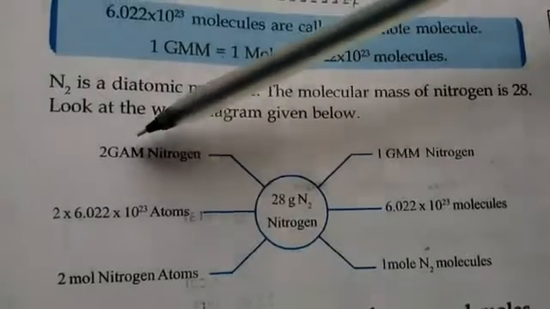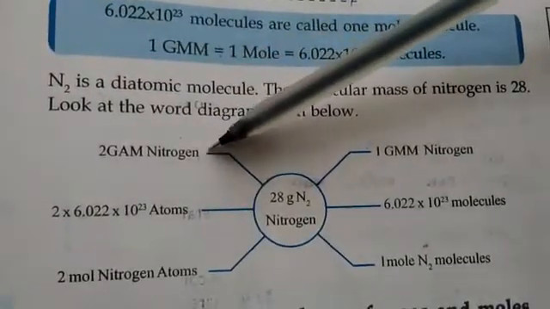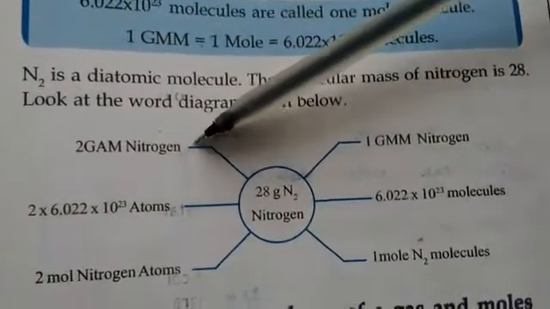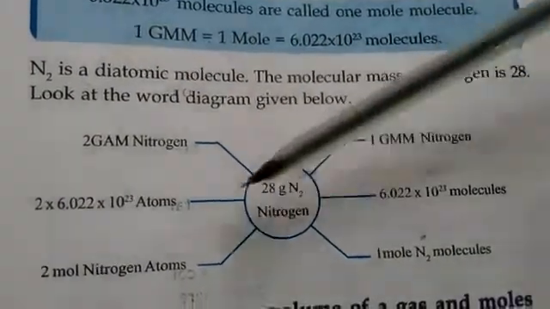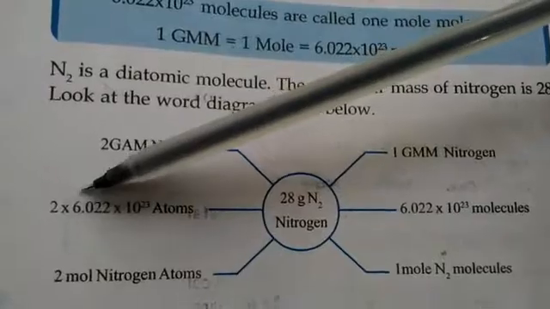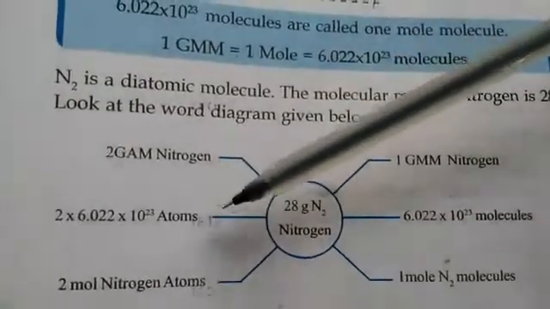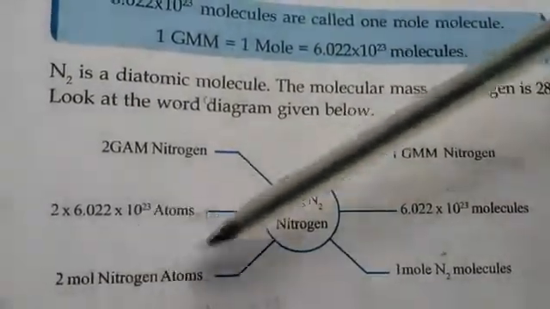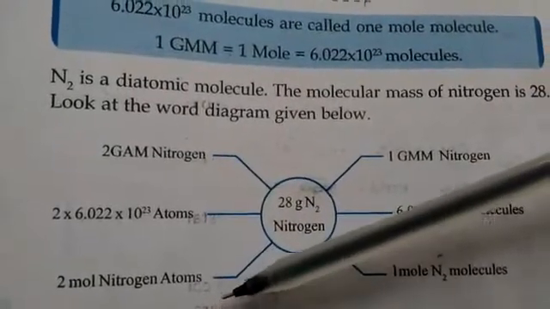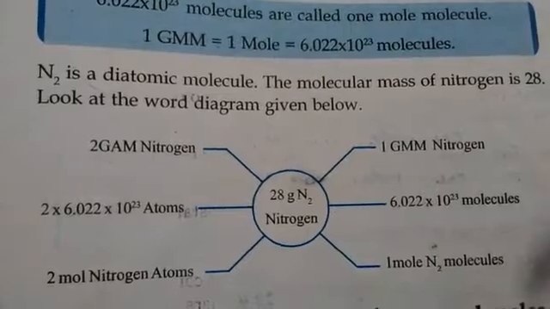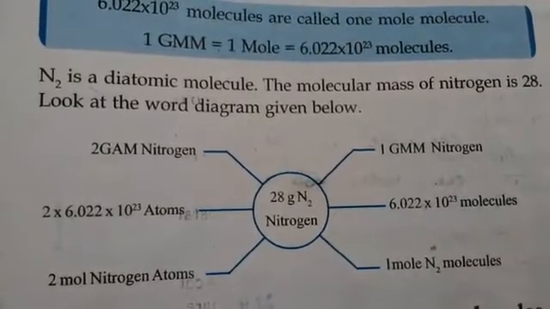And which is same as 2 GAM of nitrogen. GAM, gram atomic mass. Here 1 GMM, that is 1 gram molecular mass. Then it is equal to 2 into Na of atoms and 2 mole nitrogen atoms. In the case of atoms, it is 2 nitrogen atoms. Molecules, 1 mole of nitrogen molecules.